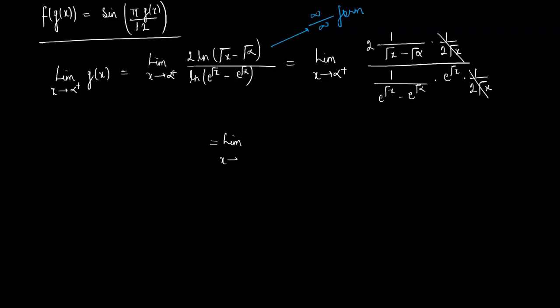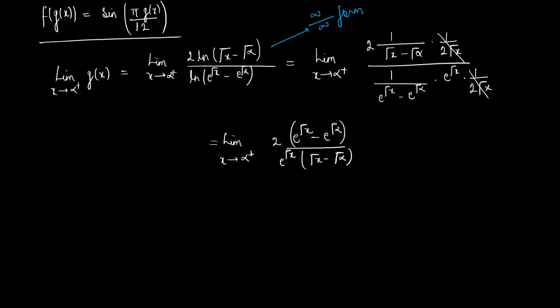Okay, so after moving further, converting it to a simple fraction, there will be e to the power root x minus e to the power root alpha upon e to the power root x in bracket root x minus root alpha.